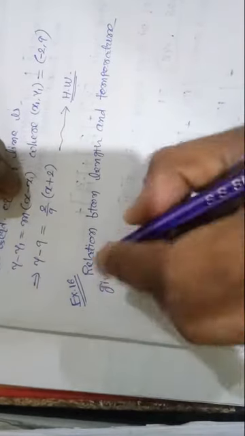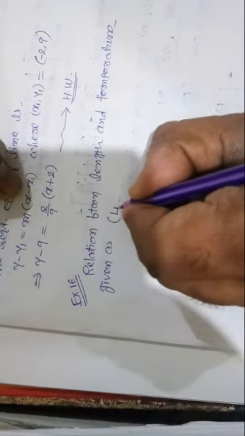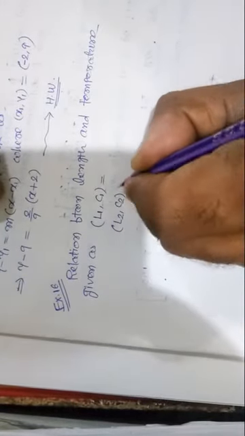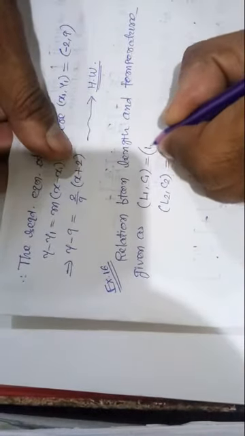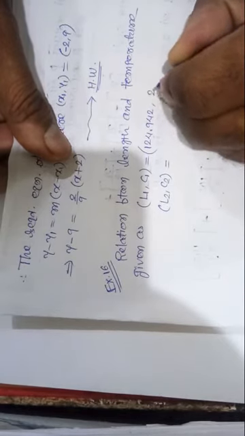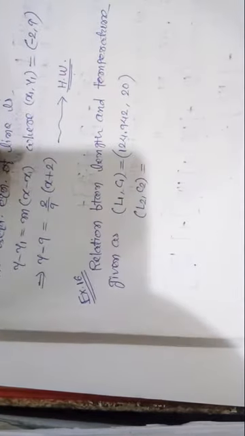I write it as L1, C1, the length of the wire and temperature. The second relation is given as L2, C2. In your textbook, the relation is given: when L1 is 124.942, the temperature is 20 degrees Celsius.